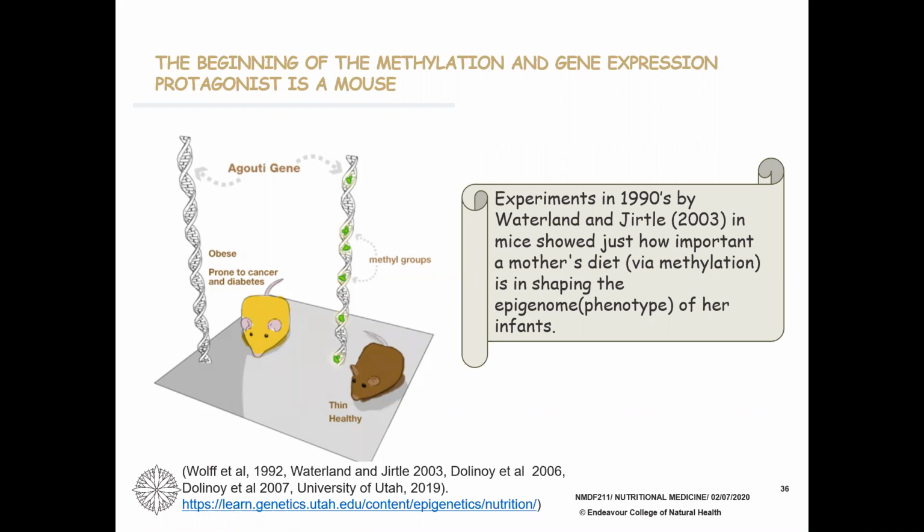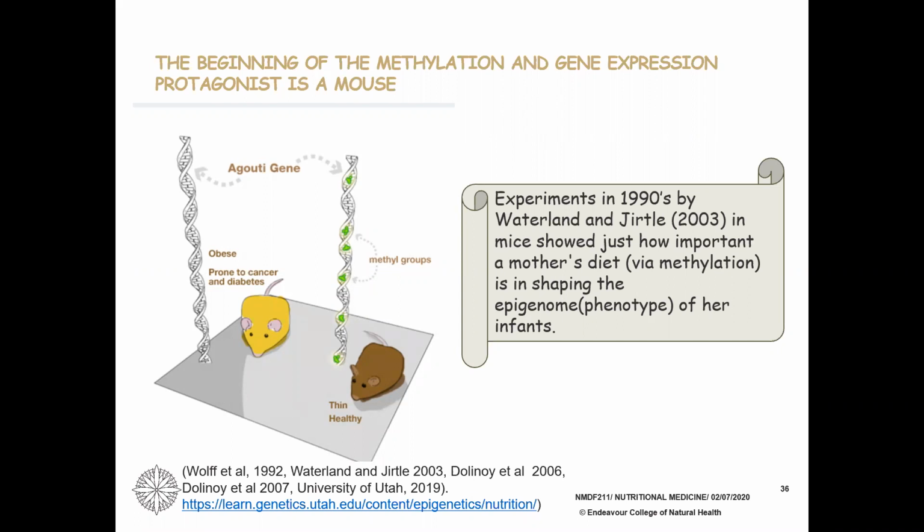Now this gene is unmethylated. And when a rat has this gene, its coat is yellow, and the rat is obese and prone to diabetes and cancer.